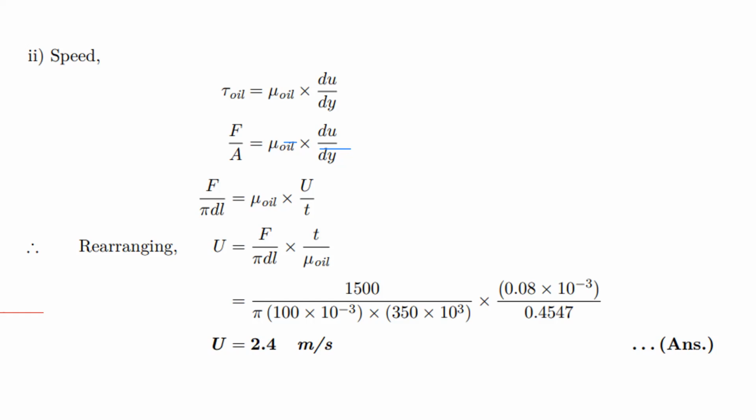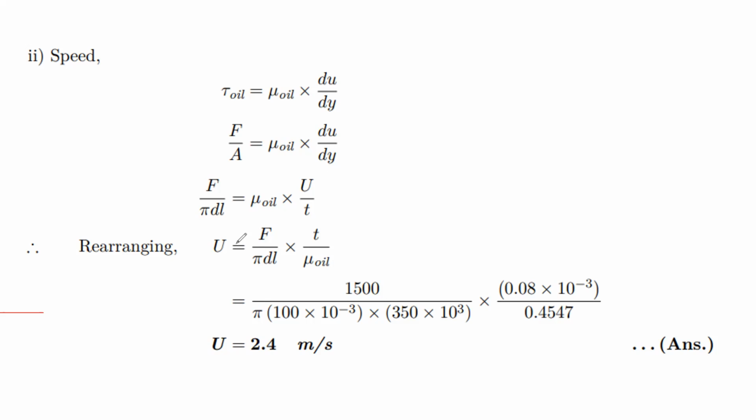Now again the same equation, tau oil is equal to mu into du by dy, that is force by area is equal to mu into du by dy. Force by area pi d l is equal to mu oil into u by t, du will be u, dy will be t.